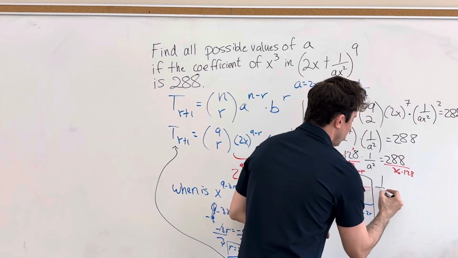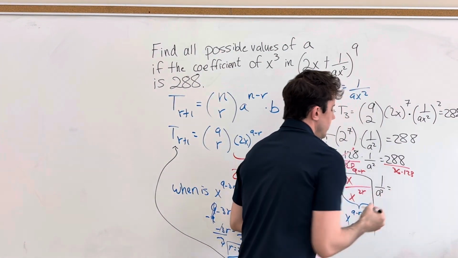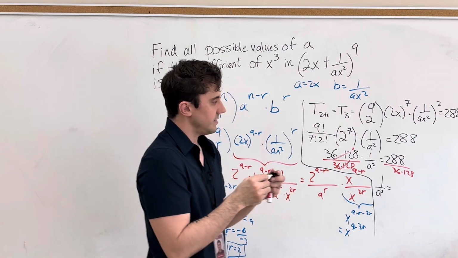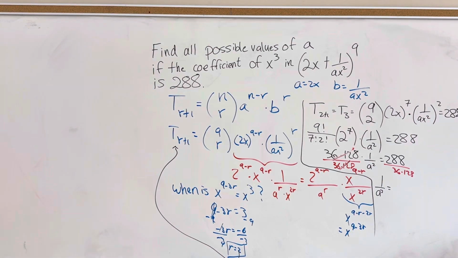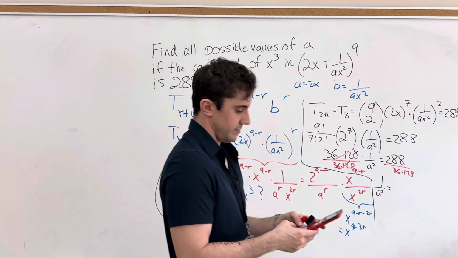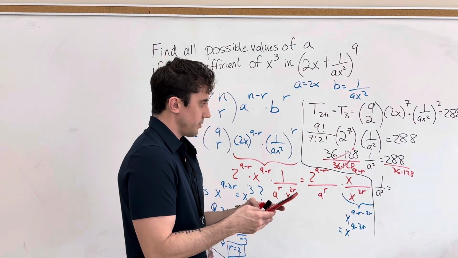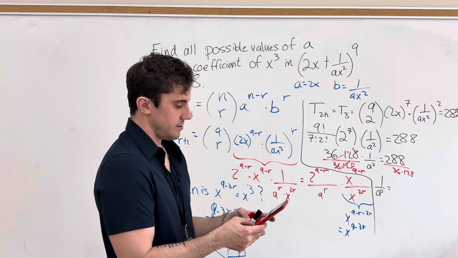So we will have 1 over a squared being equal to 288 over 36 times 128. You can try that on your own. I'm going to throw that into a calculator. And that'll be 288 divided by 36. Careful with your brackets when you're punching this in.